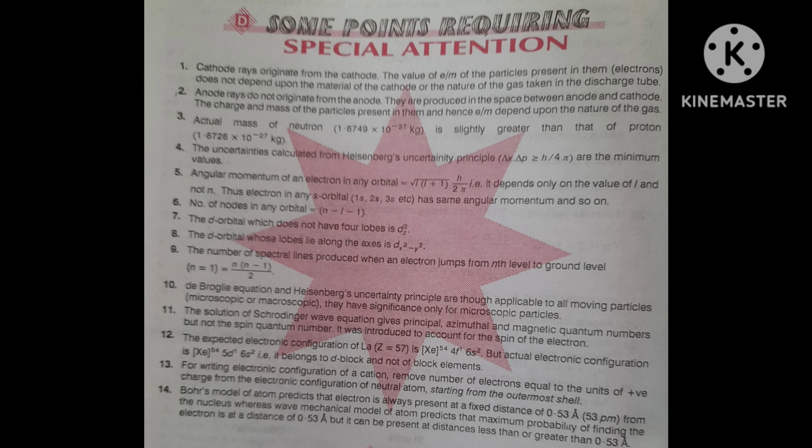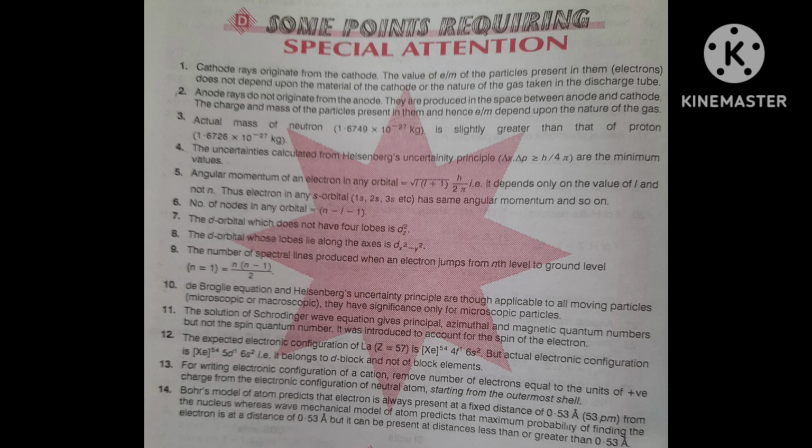Next point, actual mass of neutron. The actual mass of neutron, 1.6749 × 10^-27 kg, is slightly greater than that of a proton, 1.6726 × 10^-27 kg, meaning neutron is slightly heavier than proton.